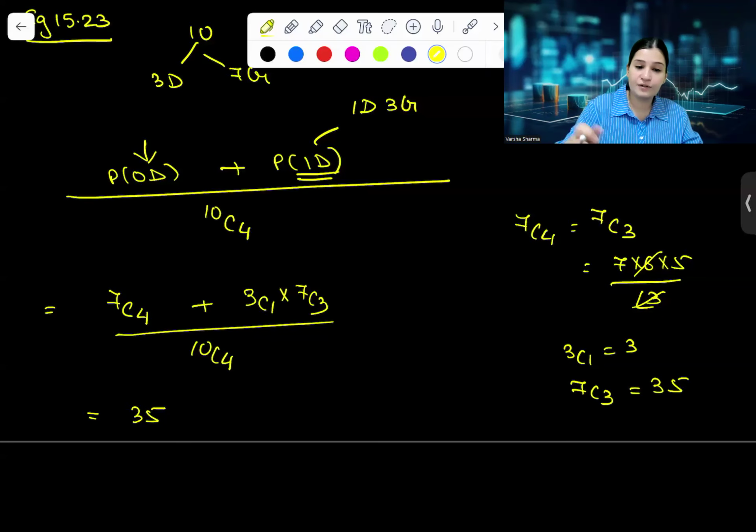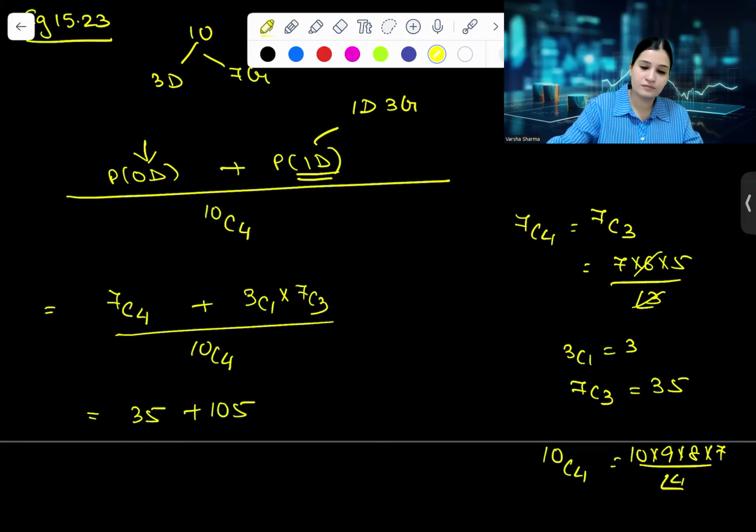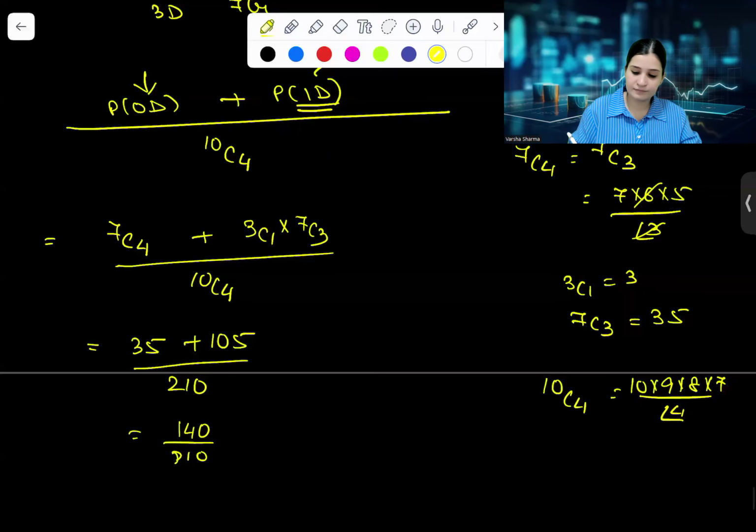So 35 into 3 is 105. 10C4 is 10 into 9 into 8 into 7 by factorial 4. That is 210. So 140 by 210. 0.666.